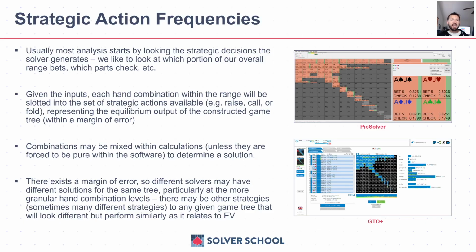But once you start getting down to the micro level, the composition of that overall range might differ from solver to solver. That's because there is a margin of error that we bake into things. And there might be other strategies, and sometimes many different strategies, to a given game tree that will look somewhat different, but will perform similarly from an overall perspective as it relates to EV.